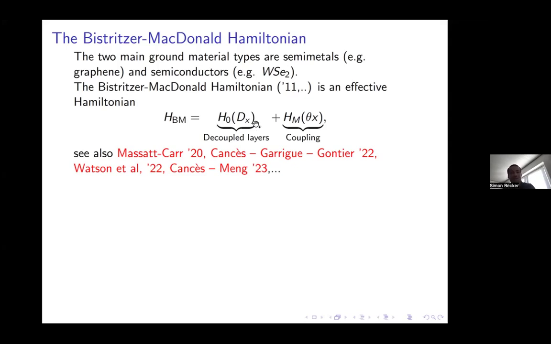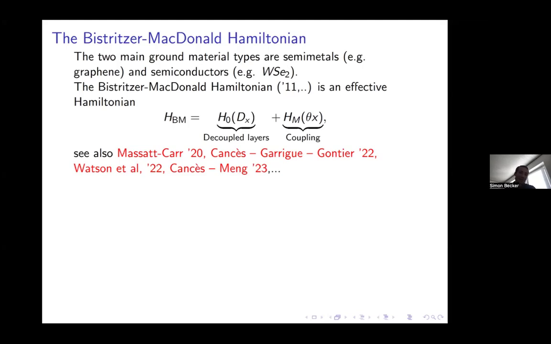So observe that there's no potential in this Hamiltonian that acts on the individual lattice length scale. There's one on the moire length scale and one differential operator that has something to do with the original material that I'm working with, but there's nothing for length scale in between. So okay, that was the initial proposal by Bistritzer-McDonald.